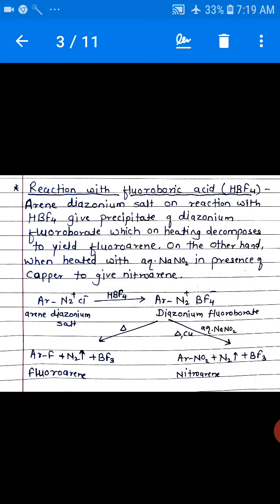This on heating gives fluoroarene, means ArF plus removal of N2 gas plus BF3. But when heated with aqueous NaNO2 in presence of copper, it gives nitroarene, that is ArNO2 plus removal of N2 gas plus BF3.